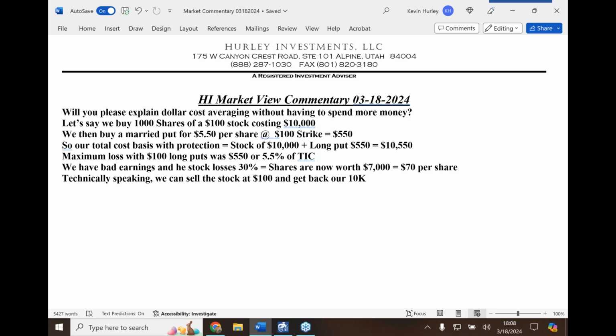Now, what we will typically do is sell this off when it comes to a support level. We typically don't want to sell your stock for a loss and buy back in, because that creates something called the blue sky rules, and you can't write your losses off unless you wait 30 days and get back in on that 31st day.